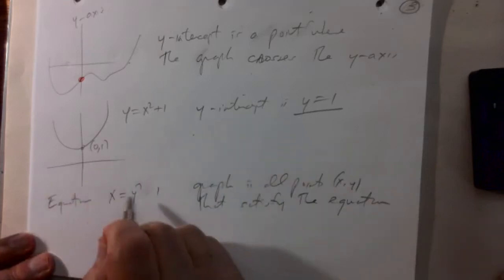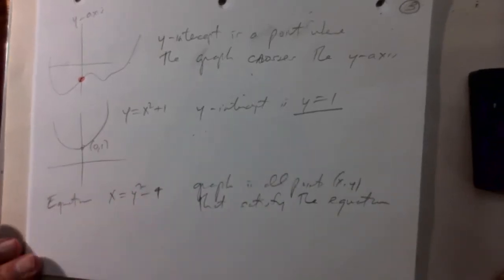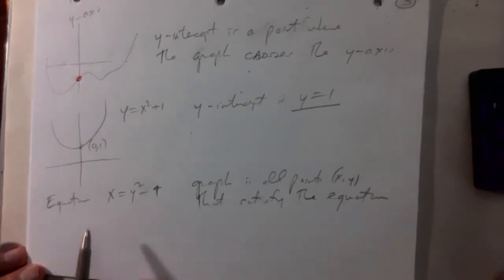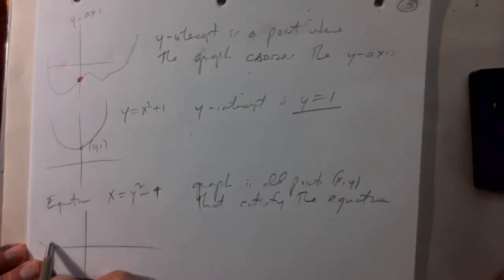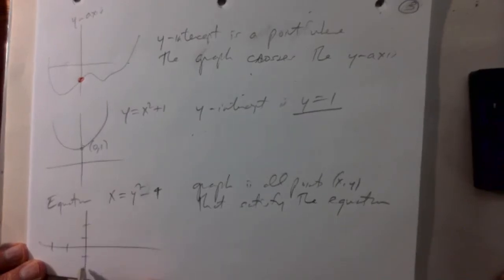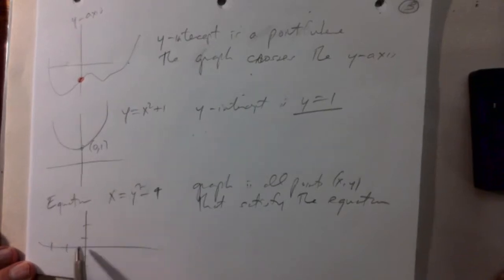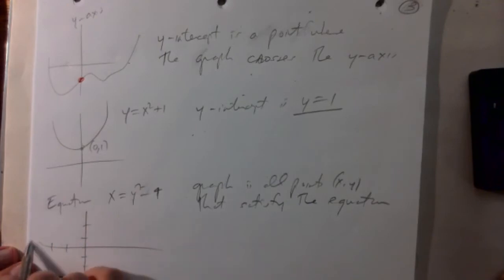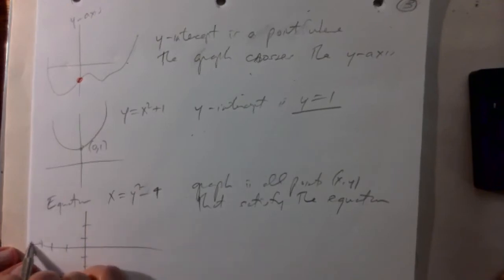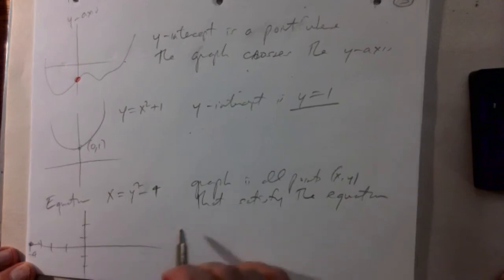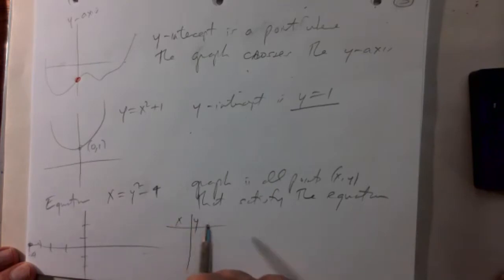Let me make it slightly different. Suppose it's x equals y squared minus 4. So what are all the points in the plane that satisfy this equation? So for example, if y is equal to 0, x would be minus 4. Let's make a graph like this, say different values of x and y, but let's say now that y equals 0, x is minus 4.